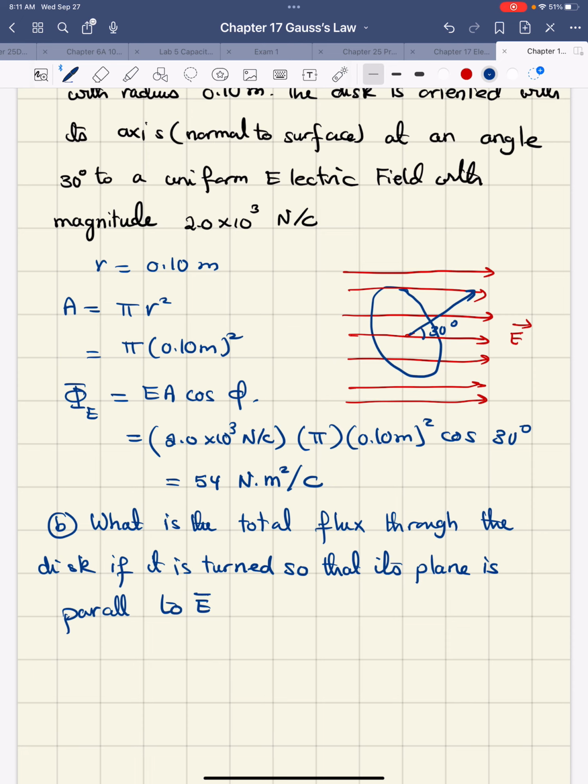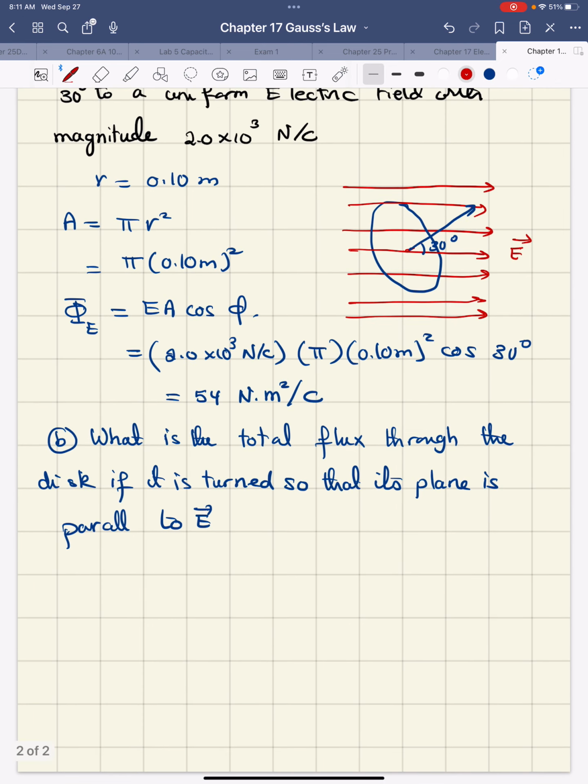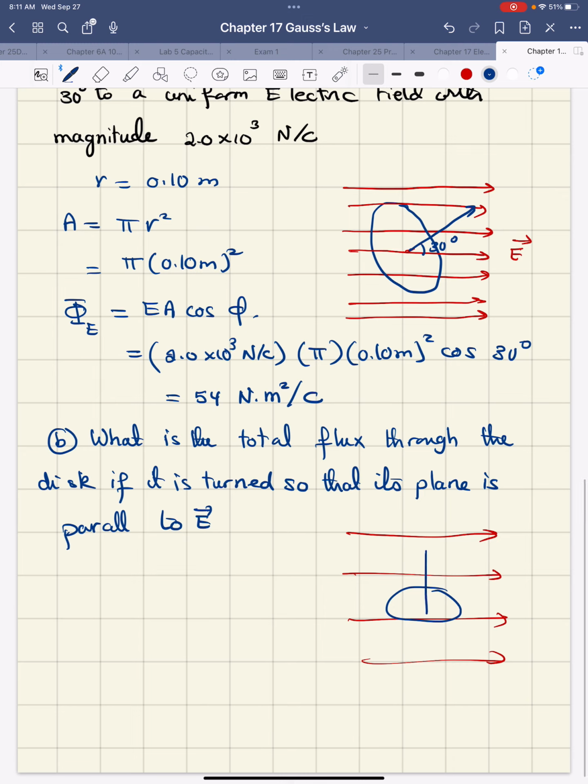That is going to happen like this. This is E, and the disk is sitting like this, and its axis is this way. Now here, phi is 90, as you can see, and then the flux is 0 because cosine 90 equals 0.